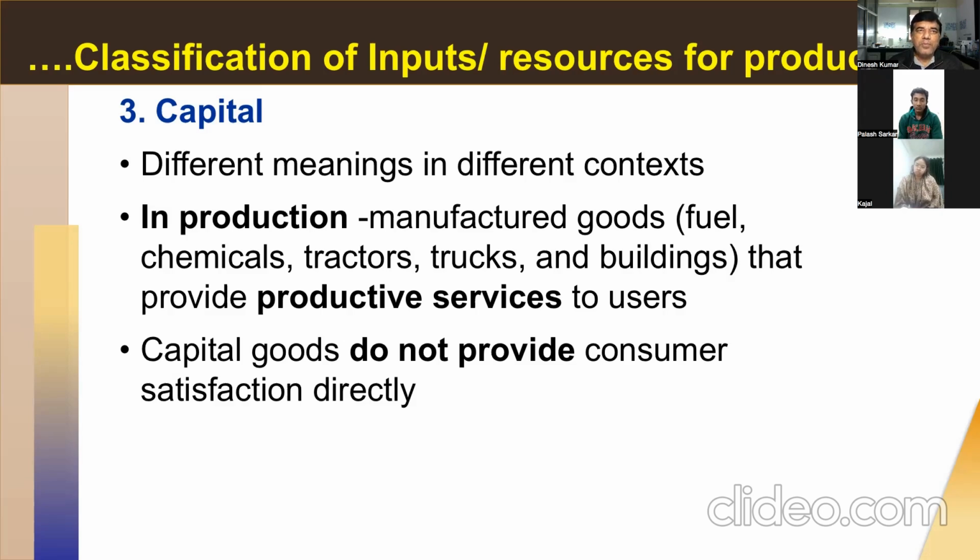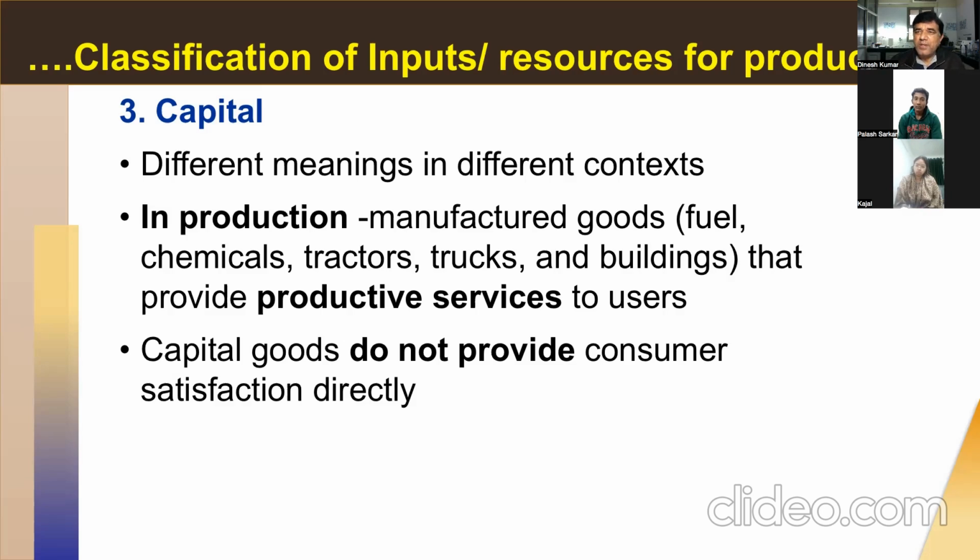So they are consumable or short-term capital. Long-term capital items are your machines, tractors, buildings, houses, roads, etc. They are indirectly helping the process of production.